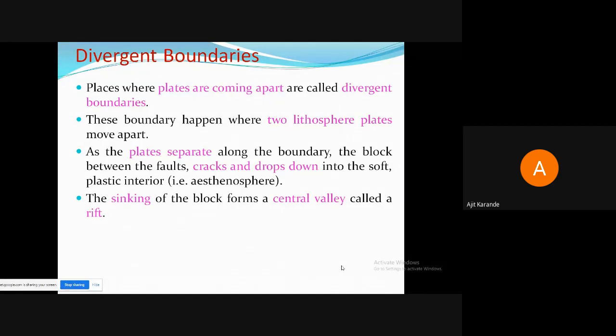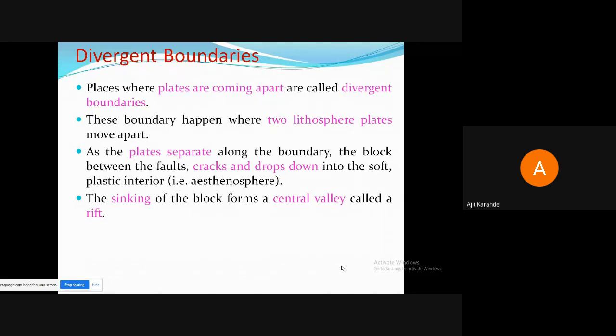Before that, we had discussed the first case, that is convergent boundaries. In that case, we see the collision between two plates. Due to collision, the destruction of the plate takes place, and due to destruction of these two plates, it is also called a destructive margin.